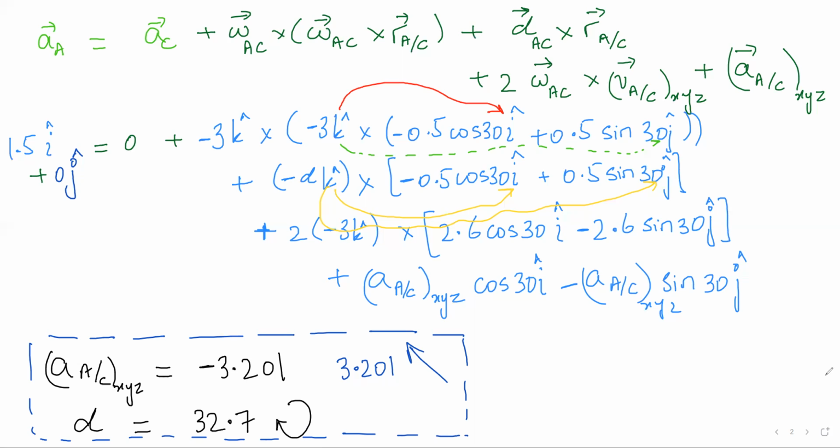If you are finding this acceleration, you will only have a j component, which you will find from here: your AA only has a j component, because this point is sitting on a curvilinear path. So in the i direction, my point A, because of no slipping, has no acceleration. But it is a little hard to imagine.